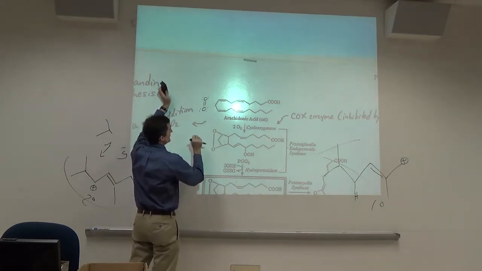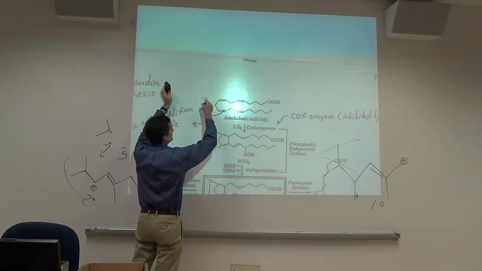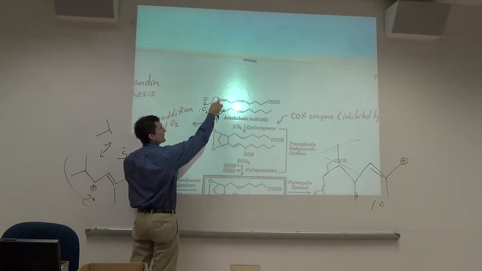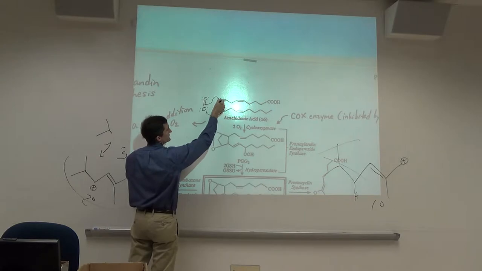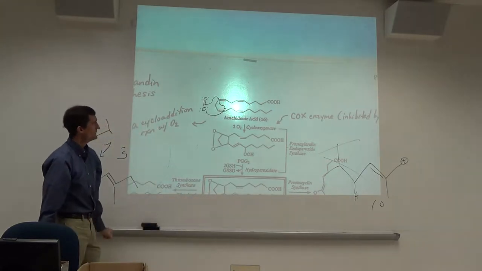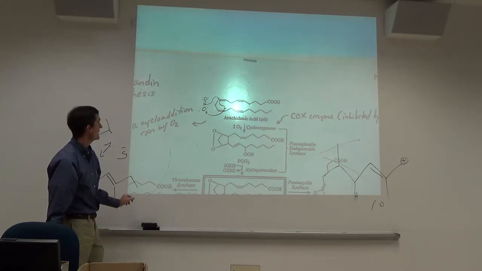We can show these electrons breaking away from that carbon, attacking the oxygen. These electrons adding here, and then these have to break away. This needs electrons, so this can come down and make a bond right there. It's a concerted transition state, pericyclic reaction.